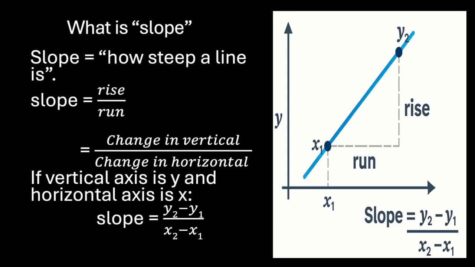If the vertical axis is y and the horizontal axis is x, slope is y2 minus y1 over x2 minus x1. This stands better if we write it like this: this is x1 comma y1, and this point here is x2 comma y2. Therefore, what is rise? Rise is y2 minus y1. And what is run? Run is x2 minus x1. And the ratio of y2 minus y1, the rise, by x2 minus x1, the run, gives us the slope.